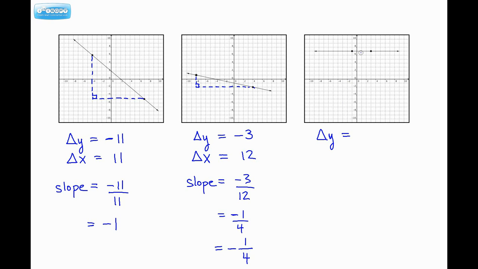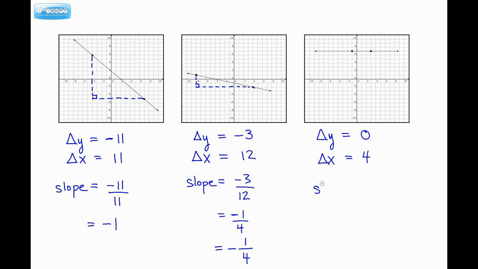From this point to this point, what's the vertical change? There is no vertical change. I neither go up nor down. It stays the same. So the vertical change is 0. But the horizontal change, I go 1, 2, 3, 4: 4 spaces to the right.